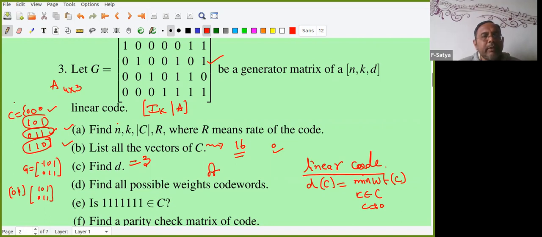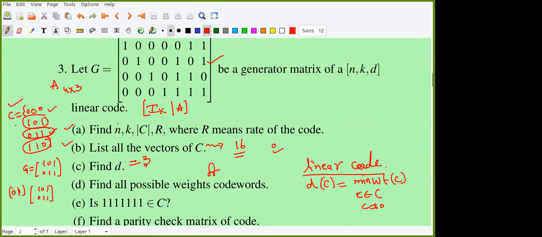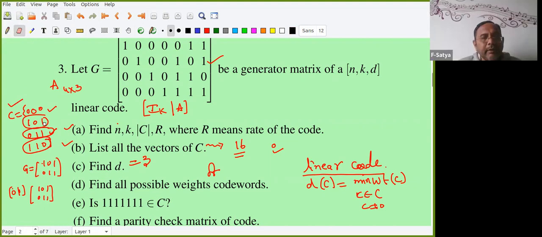What is the distance of this code? 2, right? Because weight for all of them is 2 in this case. So that is what weight means.